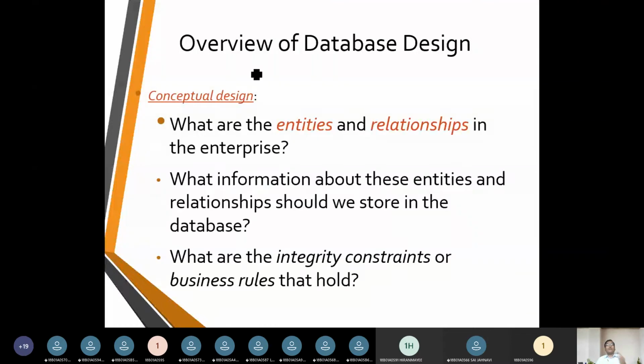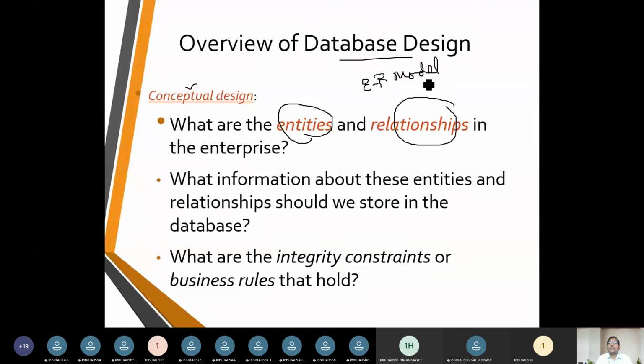When we talk about database design, we talk about a conceptual level, that is at the logical level. The conceptual level deals with entity relationship diagrams. We call it the ER model.